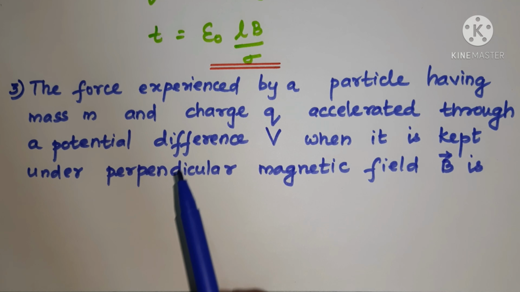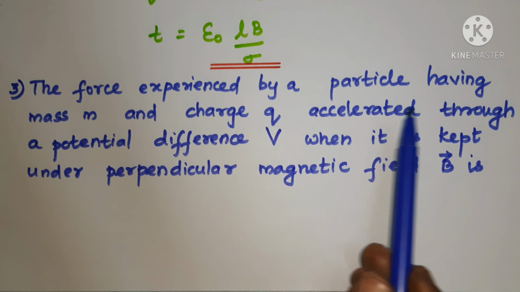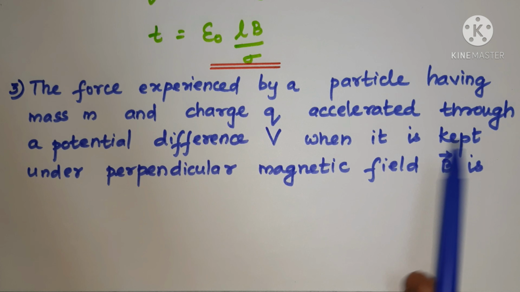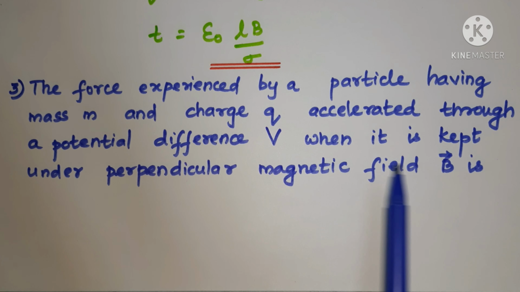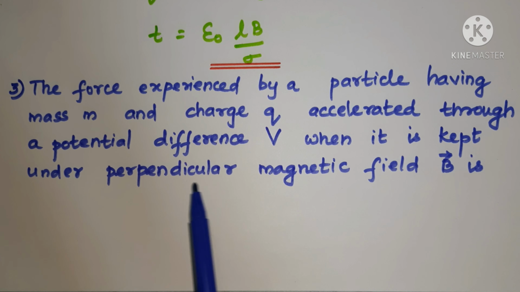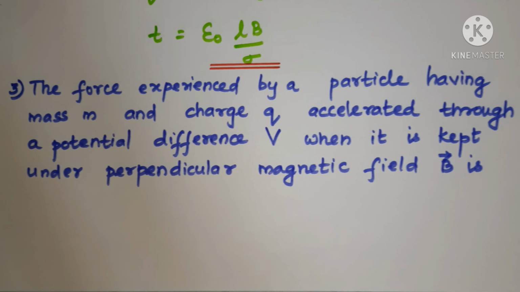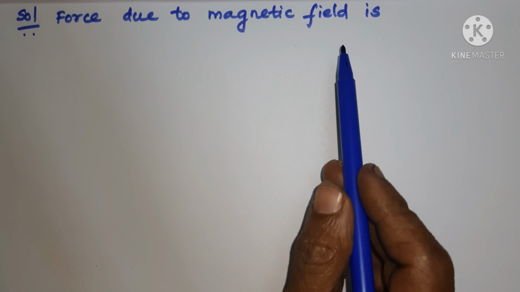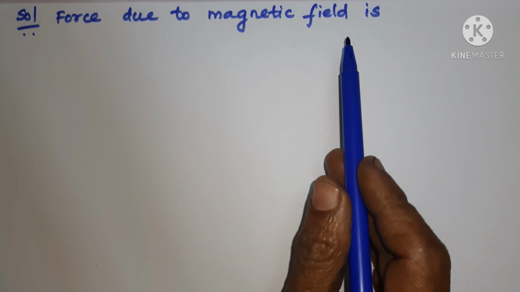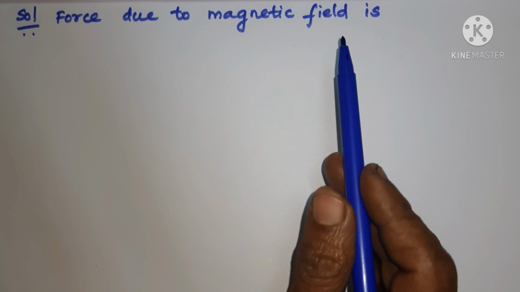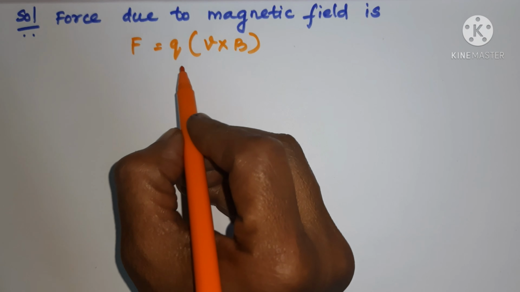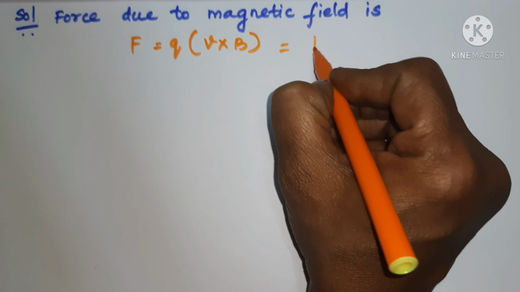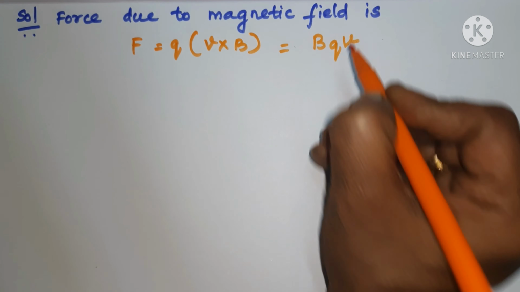Next one, the force experienced by a particle having mass m and charge q accelerated through a potential difference V when it is kept under a perpendicular magnetic field is asked. The solution: the force experienced by the particle in a magnetic field is F is equal to Q into V cross B, otherwise we can write F is equal to BQV.